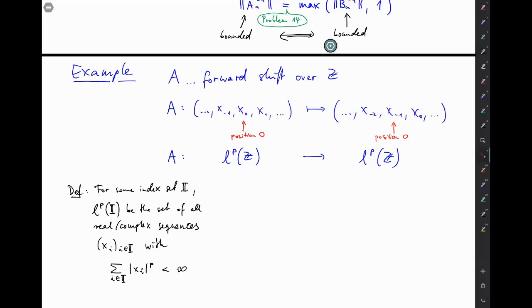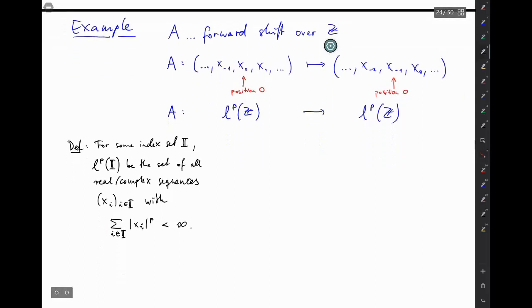And if you want to go even further and introduce a norm here, then you would take the pth root of that expression and call that the p norm. In most cases, our index set will just be the set of natural numbers, 1, 2, 3, and so on. And because that is what we do most often, we introduce one more abbreviation.